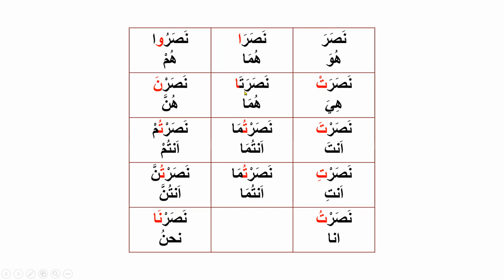This alif is giving away this alif. Nasarata. Huma Nasarata. Hunna Nasarna. You can easily learn it: this ending of Hunna is giving us this noon with a fatha. Nasarna.